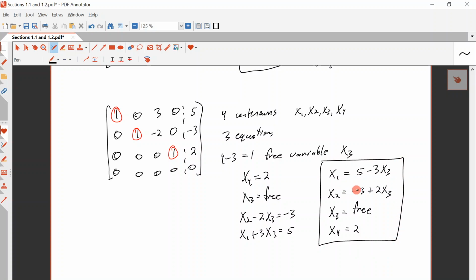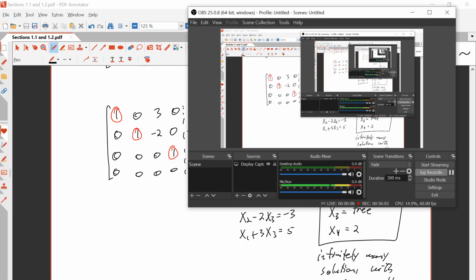So nothing free about x4, but x1, x2, and x3 can vary. So that's infinitely many solutions, with one free variable. You can always have more, but you just have one in this instance. Okay, so that's the lecture on section 1, and that's the end of it.